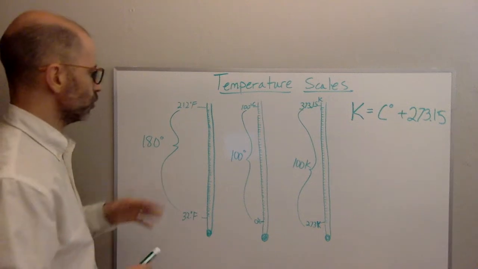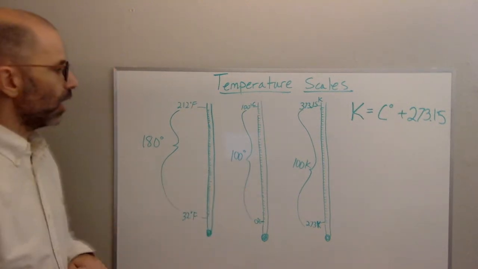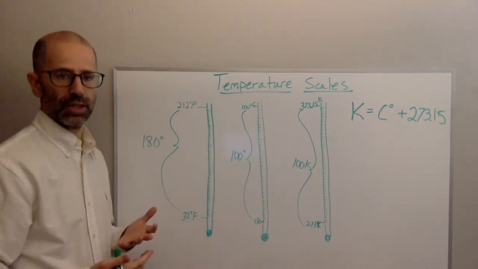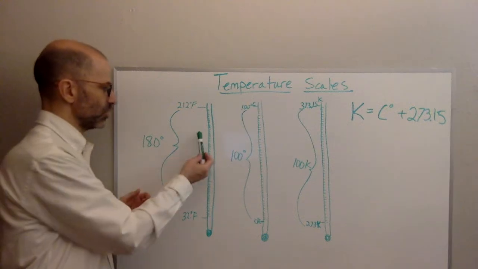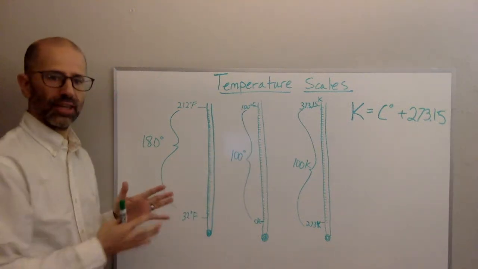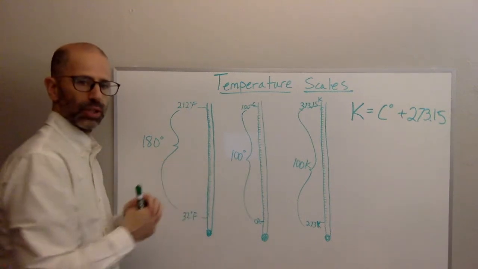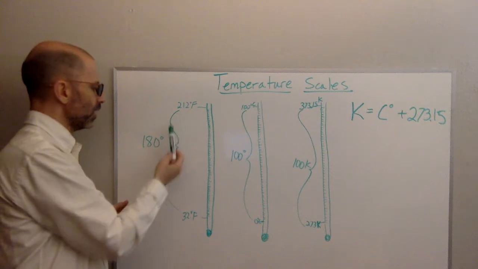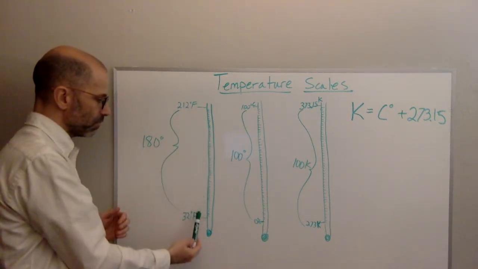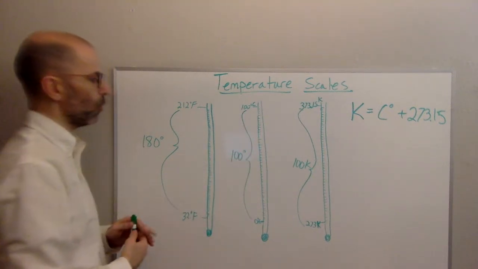Now, what about going from Fahrenheit to Celsius? Here you're going to have a multiplication factor because the increments are not the same. But what is the size difference between the increments? Well, you know that this is divided into 180, and this is divided into 100.